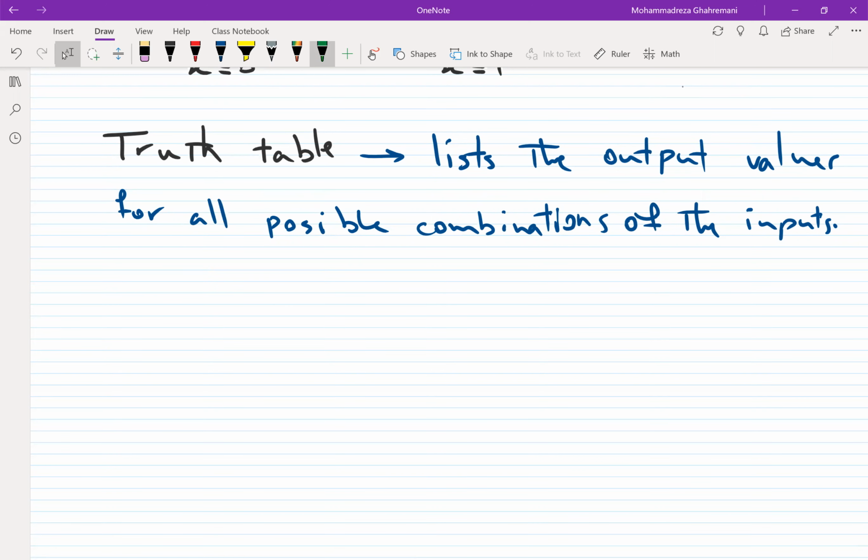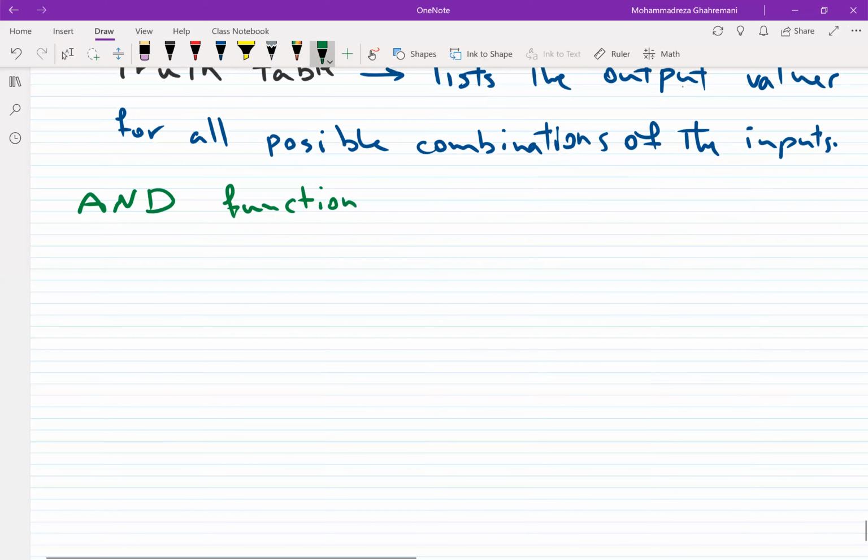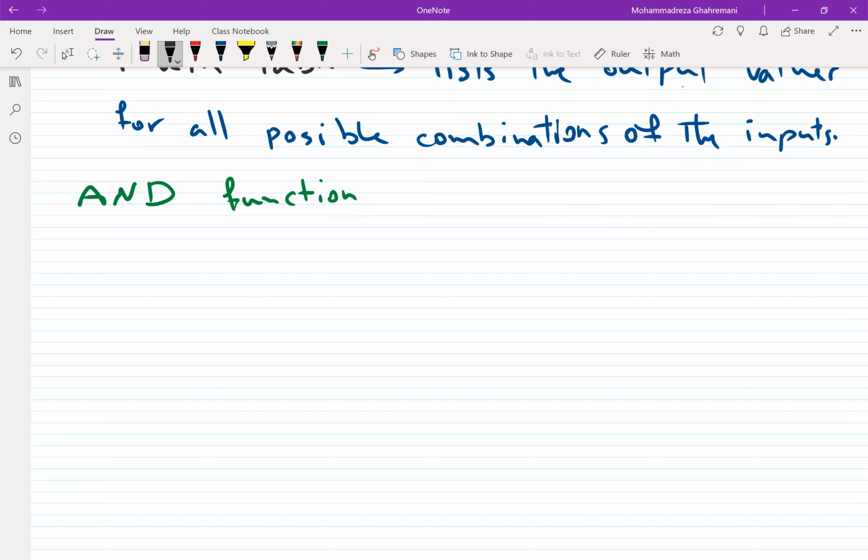The first function we want to learn today is called AND function. AND function, f of a and b is equal to a dot b, or we can show it with a, b.